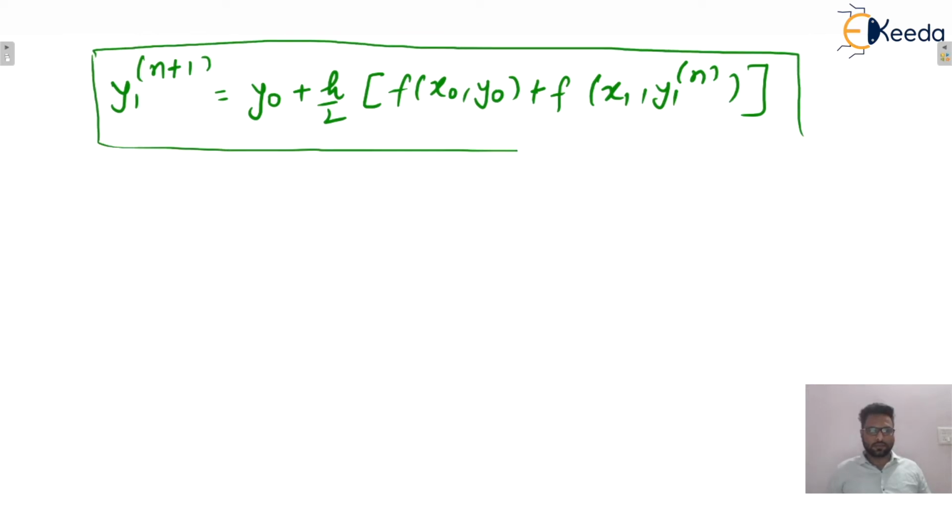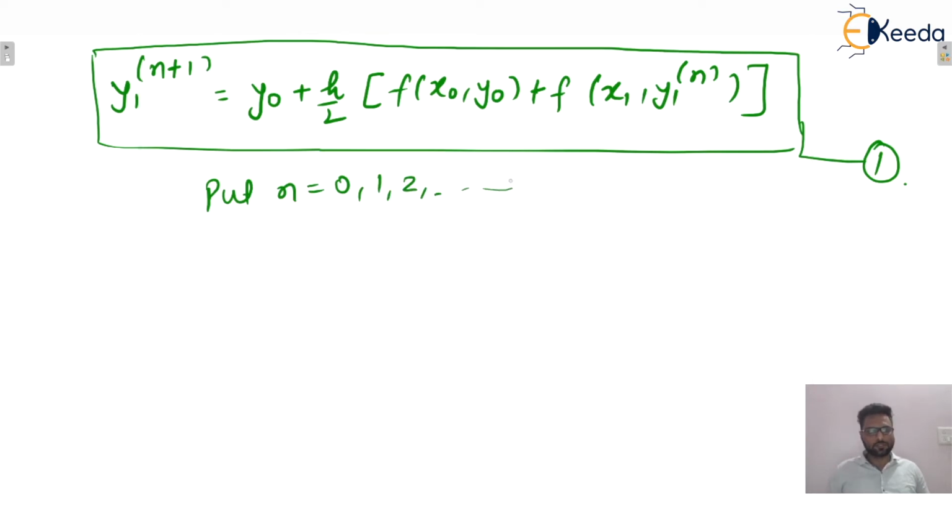Let us assume that this is equation 1, and put n equals 0, 1, 2, 3 and so on.